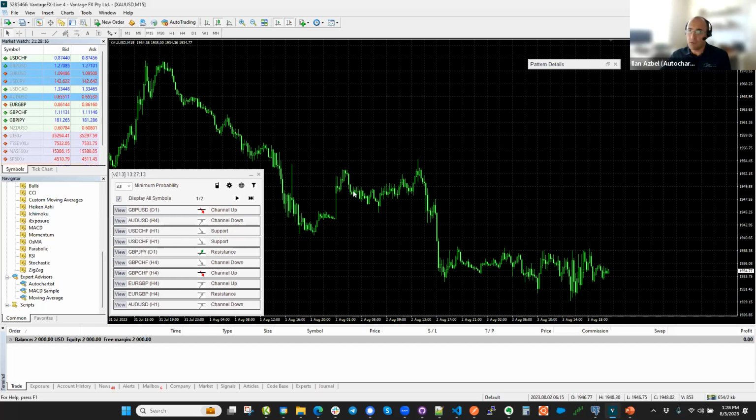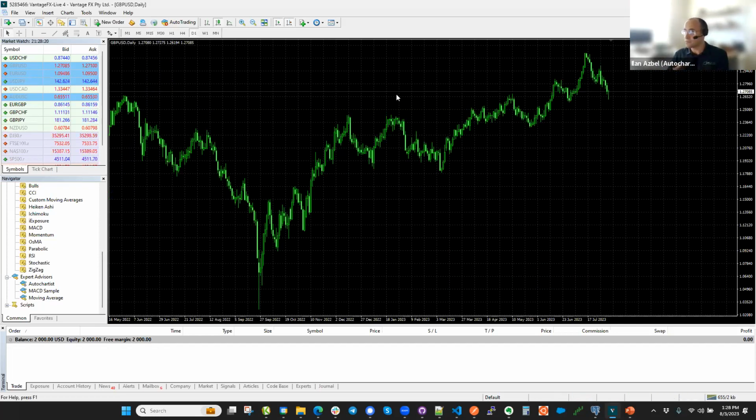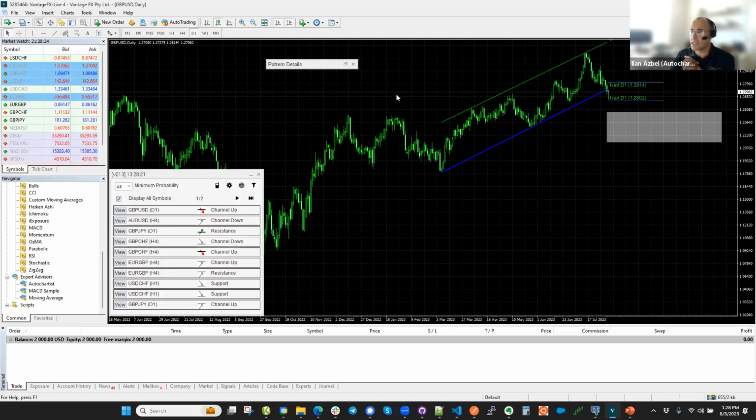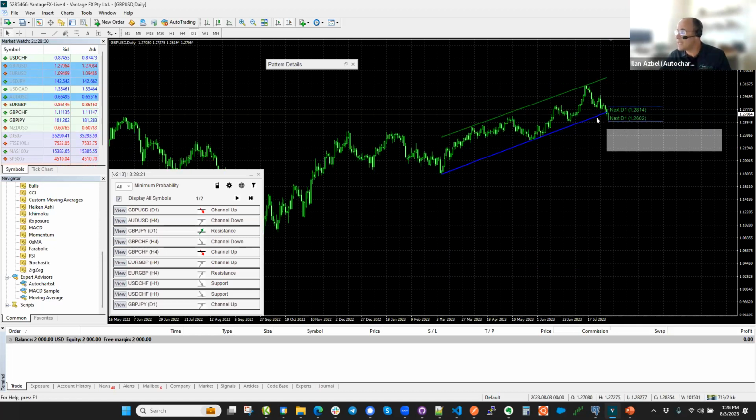So I want to show you how you can do that. I'm going to click on this first example here. The pound on the daily chart looks like it's broken through a support level and is potentially moving down to the gray area.